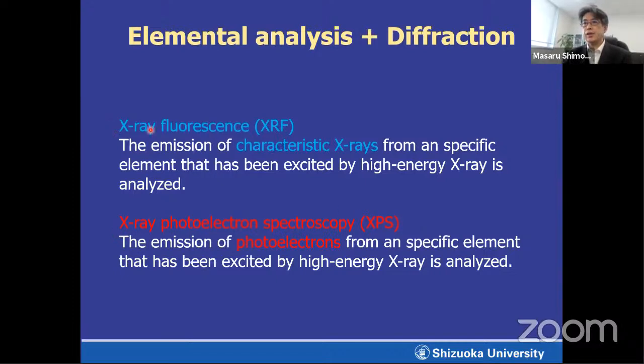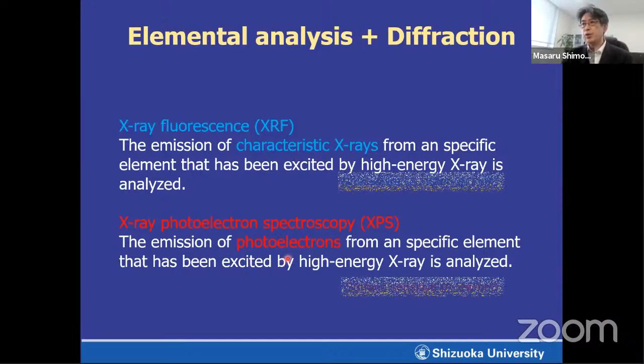In XRF, the emission of characteristic X-rays from a specific element excited by high energy X-rays is analyzed. In XPS, the emission of photoelectrons from a specific element excited by high energy X-rays is analyzed. So they are very similar, and the difference is the detection of characteristic X-rays versus photoelectrons.